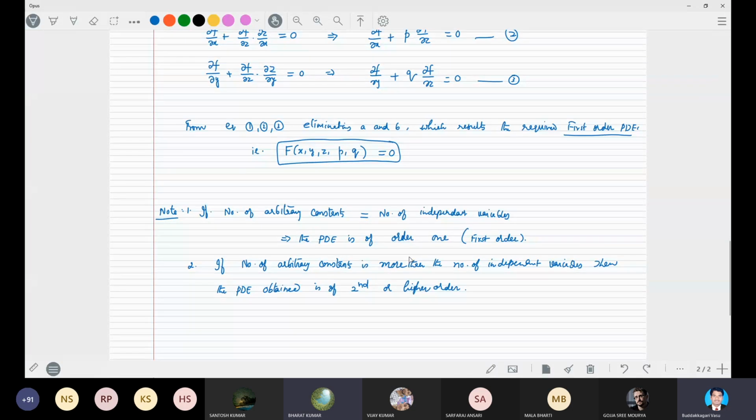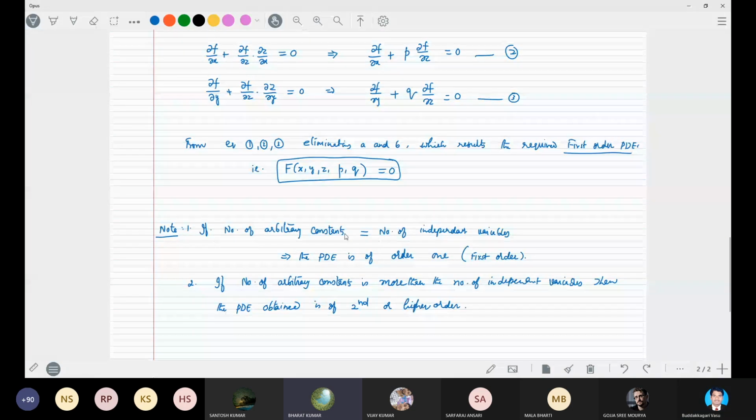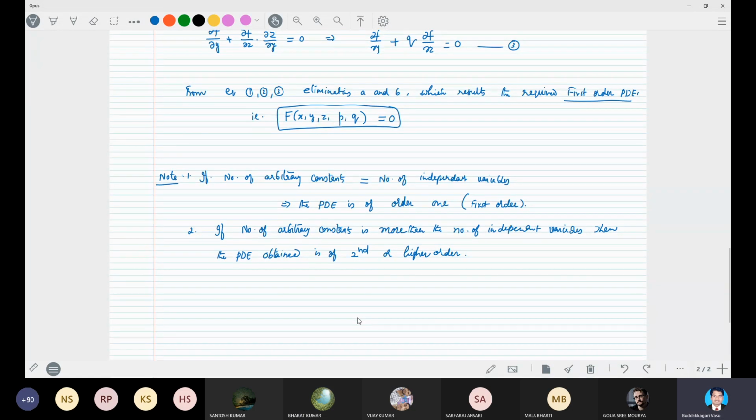Sir, I got that. But my question is, can we guess what the order will be if the variables and the constants are not in equal numbers? That may be second and higher order. It cannot be decided, and you have to minimize the order. It cannot be more than that.